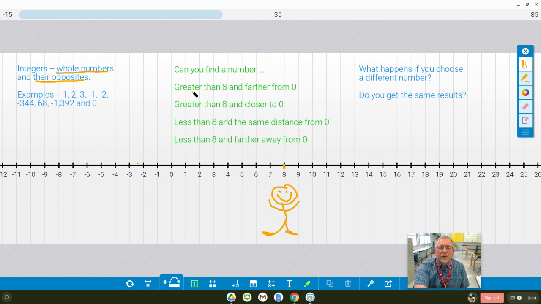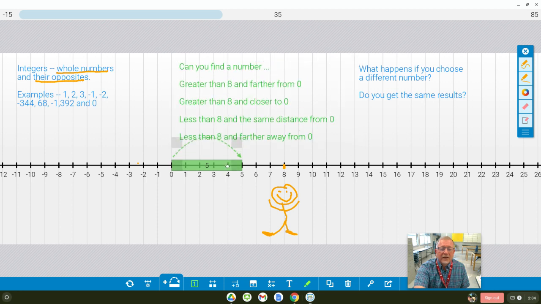Can we find a number that is greater than 8 and farther away from 0? So we can see that 8, in fact, I can take one of these things right here, and I can see that 8 is 8 away from 0. It tells me right there.